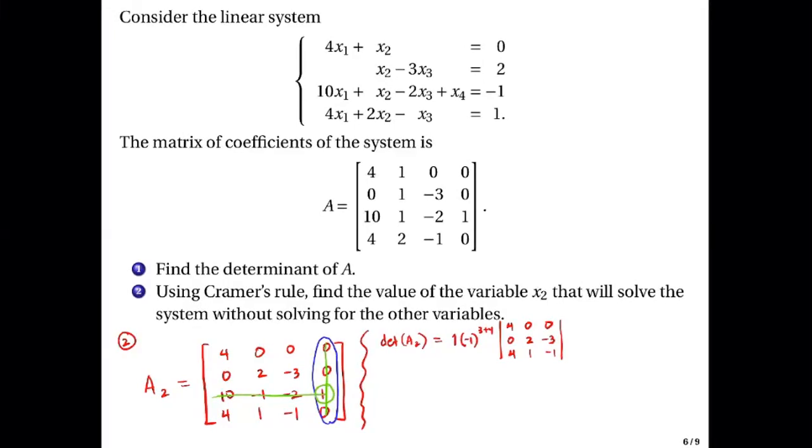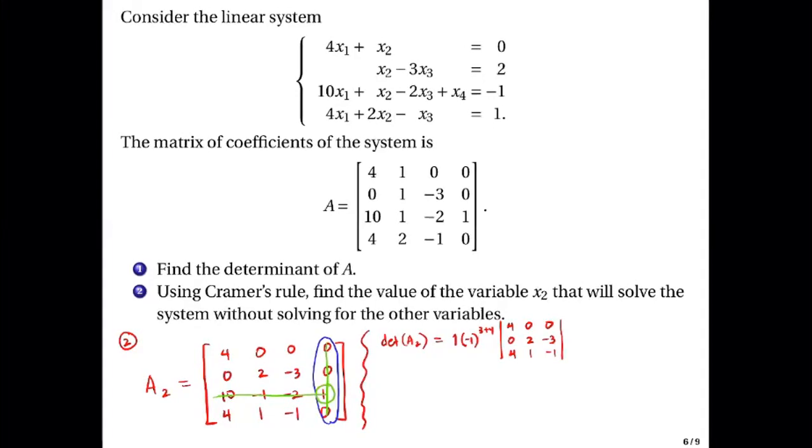Now for this, of course, this factor here is again negative 1. But this is a 3 by 3 matrix, so you can do the method that we used previously. But we can also do cofactor expansion. This time, we do the cofactor expansion along the first row.